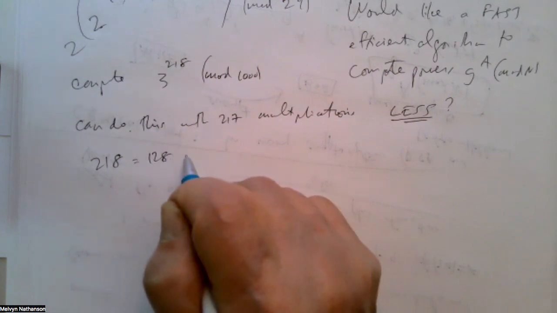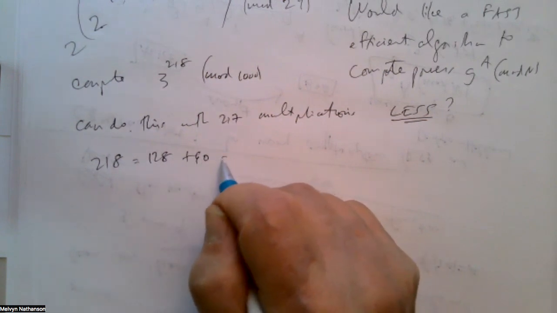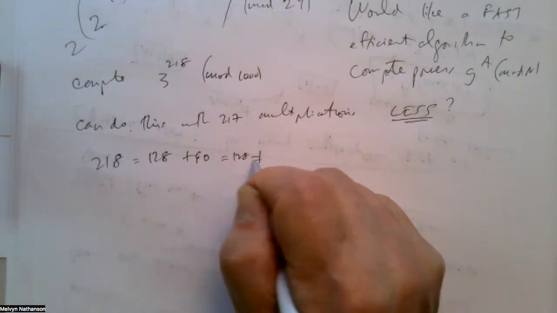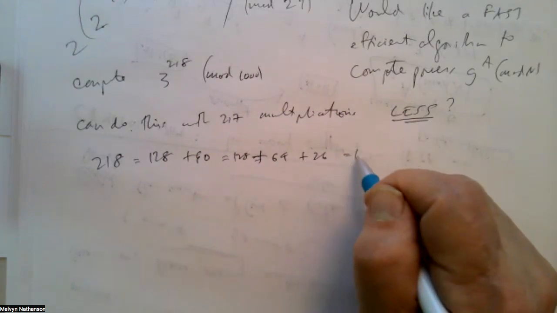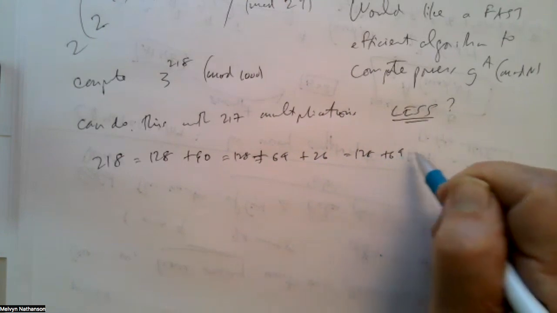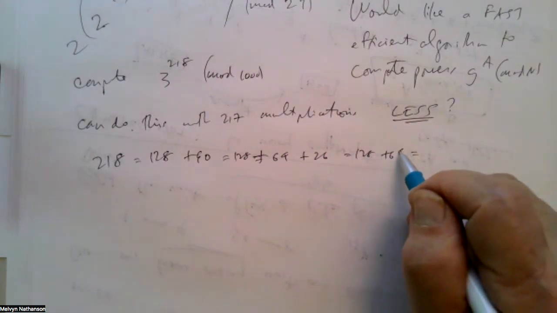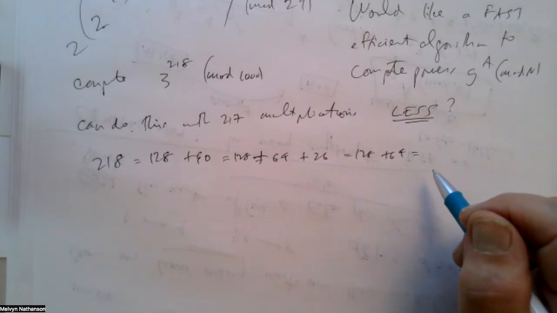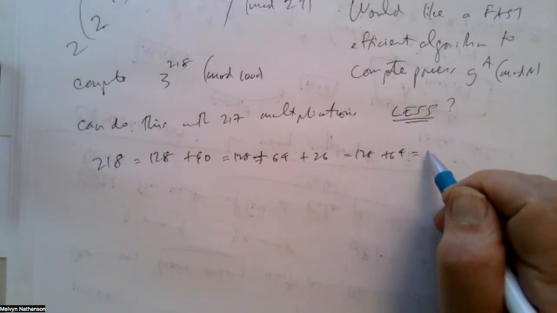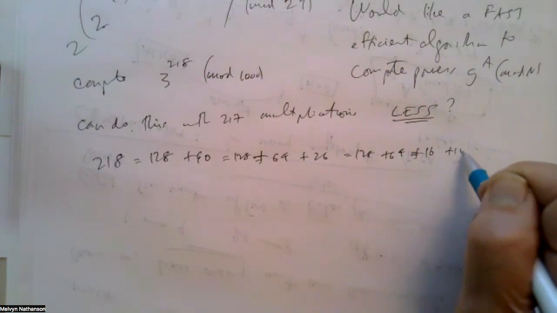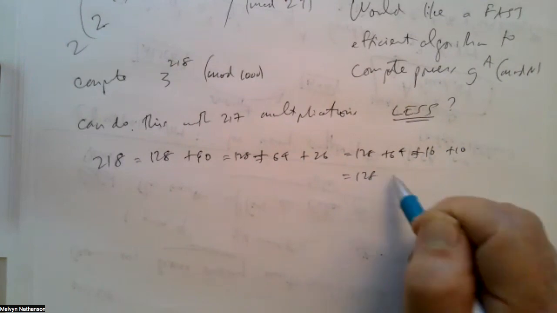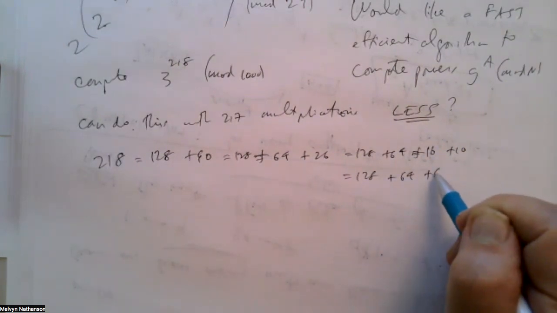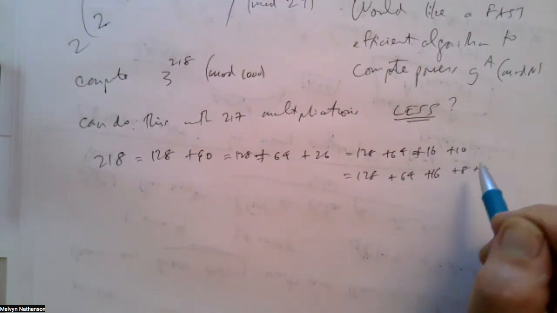This is 128 plus 90. 90 is 64 plus 26. 26, let's see, what's the biggest power of 2 in 26? 16, plus 10. So this is 128 plus 64 plus 16, and 10 is 8 plus 2.